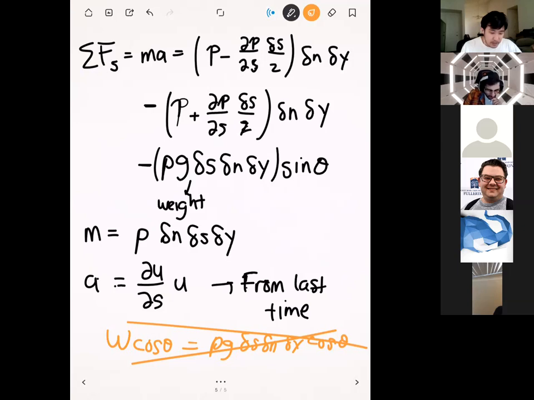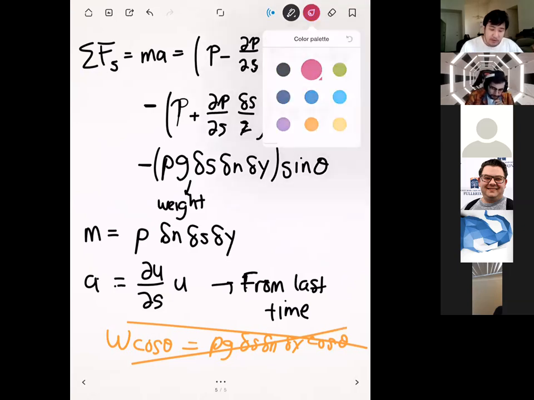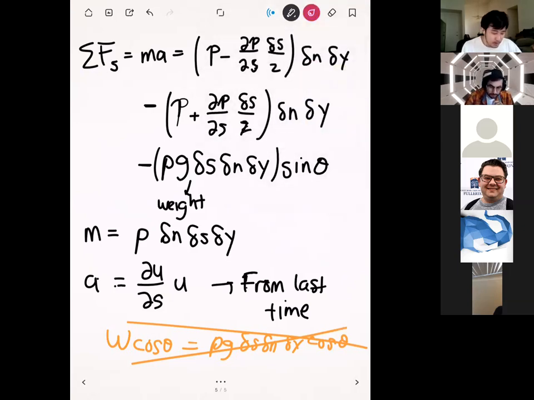Let's start canceling some terms, because we have everything here and I don't want to rewrite everything. The first thing we note is that we have a p multiplied by delta n delta y, positive, and then a minus p delta n delta y, so those two terms cancel out.